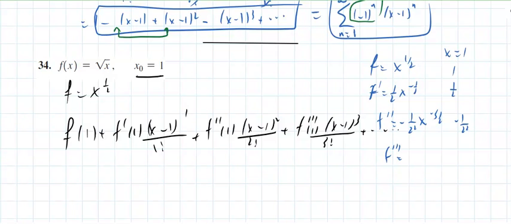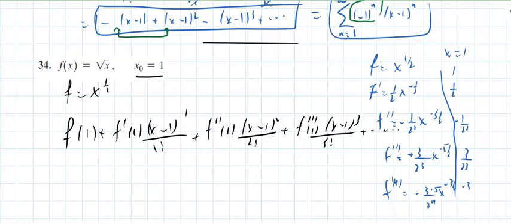The third derivative is positive 3 over 2 cubed x to the negative 5/2, that's 3 over 2 cubed. Maybe one more just to be sure. That is negative 3 times 5 over 2 to the 4th, and the next one will be 3 times 5 times 7.